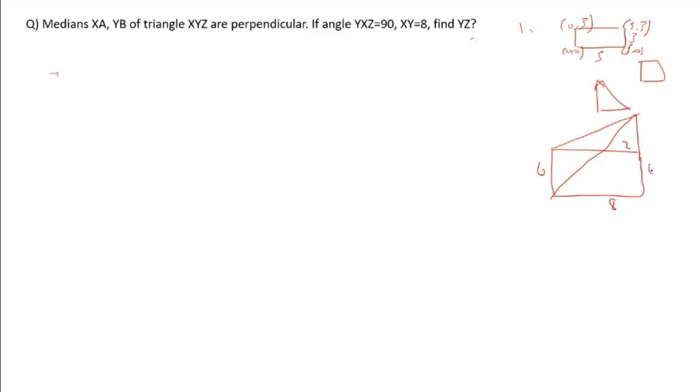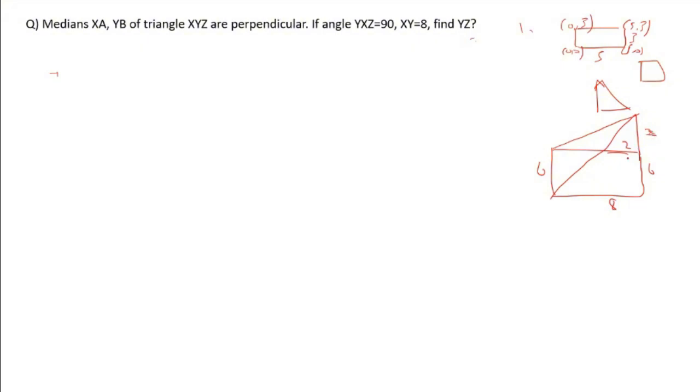This is 6 and this would be 1 by 4, so x upon x plus 6 would be 1 by 4 and all of that, right? Then this would be 2 and then you figure out Pythagoras and stuff. That is a geometric way to do it, which will give you the correct answer. The method would work, but it may take some time because there's similarity, there's Pythagoras and stuff.